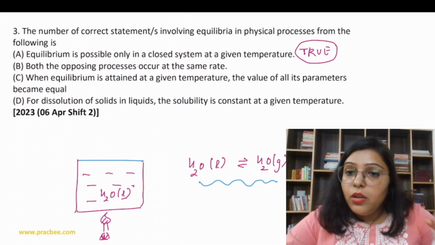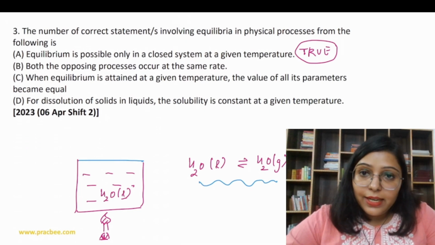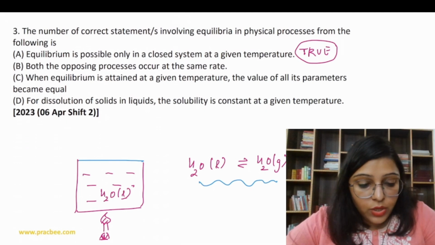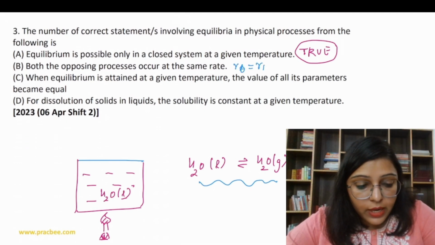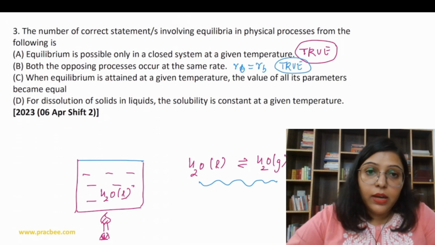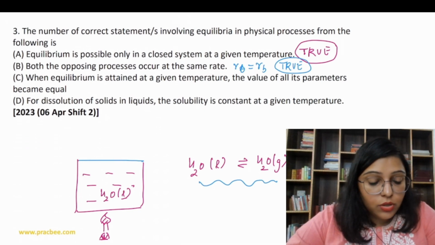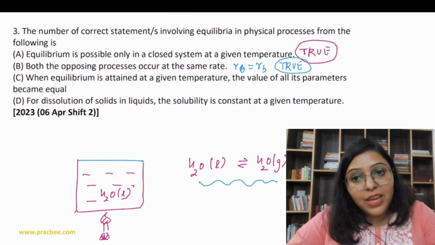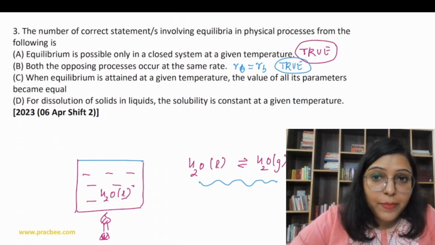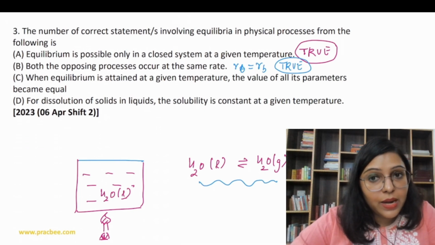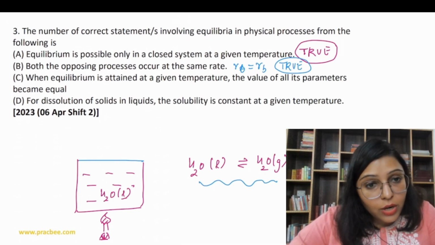Now second, both the opposing processes occur at the same rate? Yes. We know that at equilibrium, rate of forward reaction is equal to rate of backward reaction. So this is also true. Next, when equilibrium is attained at a given temperature, the value of all its parameters becomes equal? No. The values of all parameters will not become equal, right?